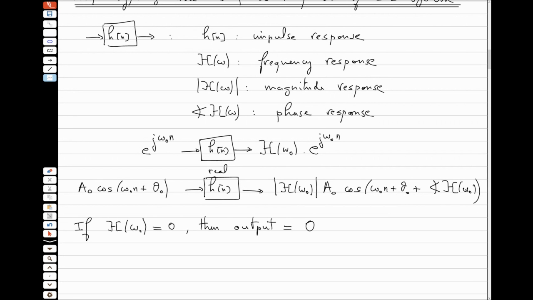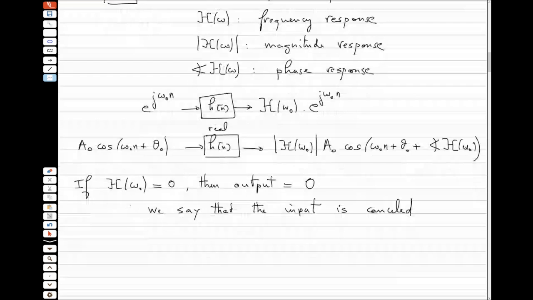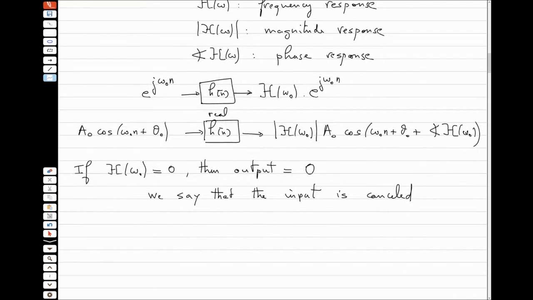So we say that the input is cancelled, but sometimes you may see the term blocked.